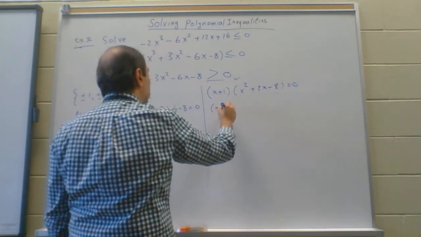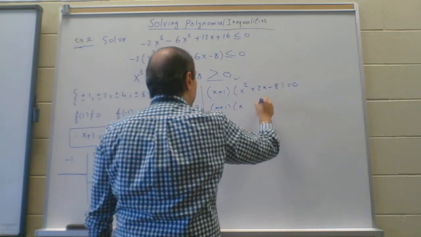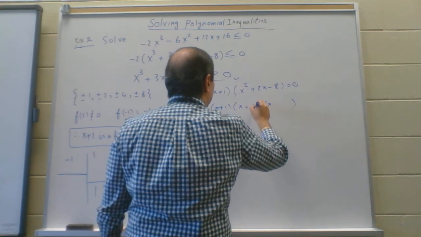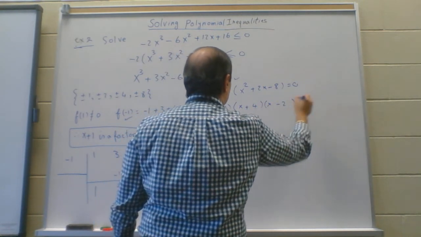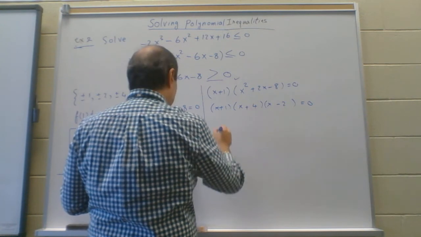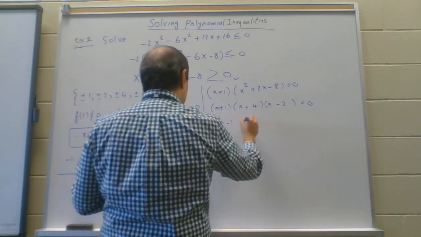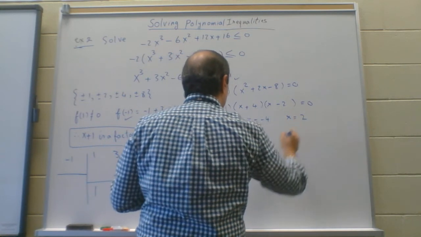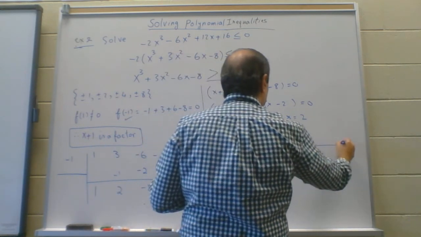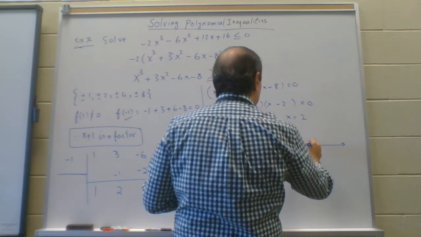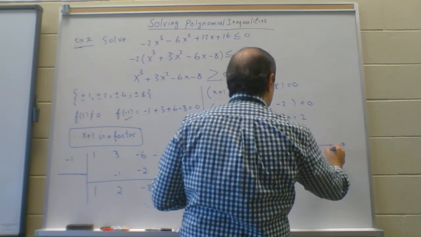Now we factor this as x plus 4, x minus 2, equals 0. Then we find the zeros, which are x equals negative 1, x equals negative 4, x equals 2. Now we make the line chart and we test each interval: negative 4, negative 1, and positive 2.